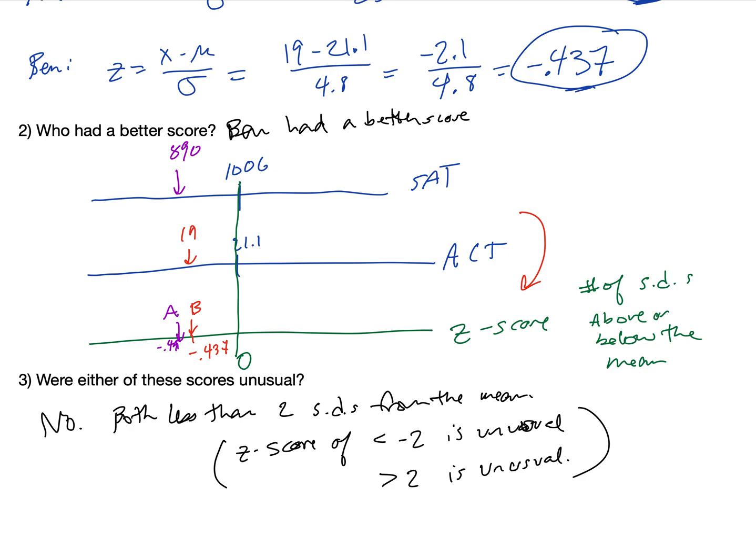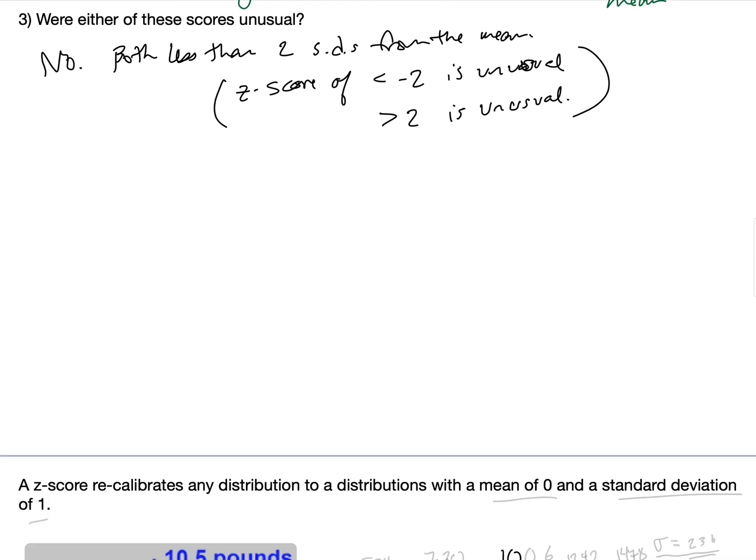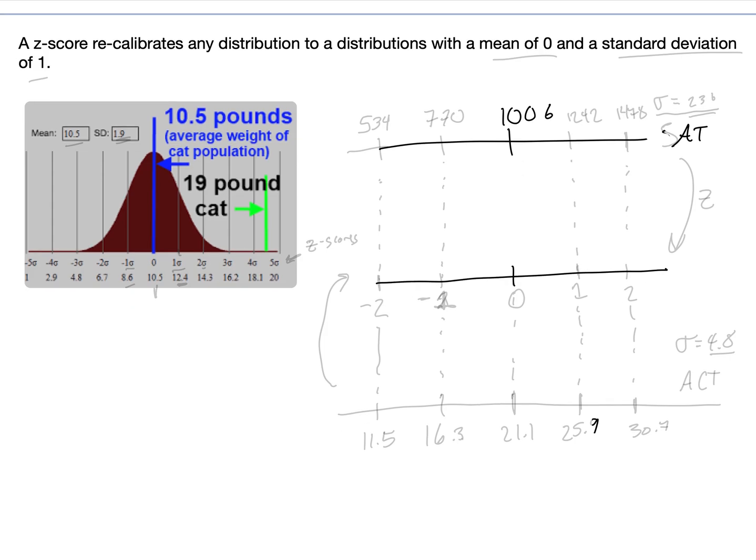So when we thought about the SAT scores, 1006 was the average, and we know what the standard deviation is, and we mapped it down using a z-score. 1006 would map to 0, and because the SAT has a standard deviation of, I think it was, 236, subtracting 236 from 1006 would give us 770, and subtracting another 236 would give us 534.